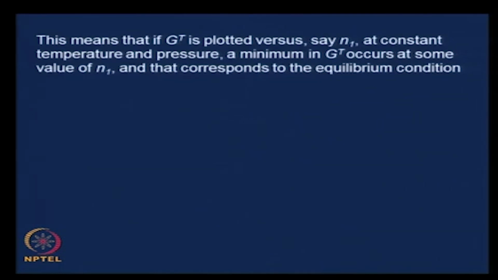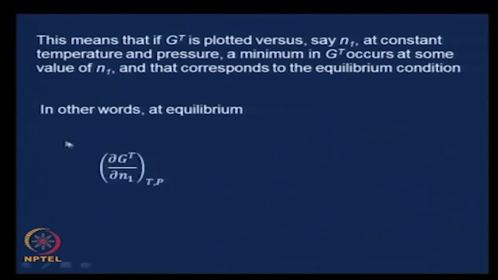At constant temperature and pressure, a minimum in GT occurs at some value of N1, and that corresponds to the equilibrium condition. If we write it mathematically, at equilibrium, the partial derivative of GT, the total Gibbs free energy, with respect to N1 at constant temperature and pressure equals 0.